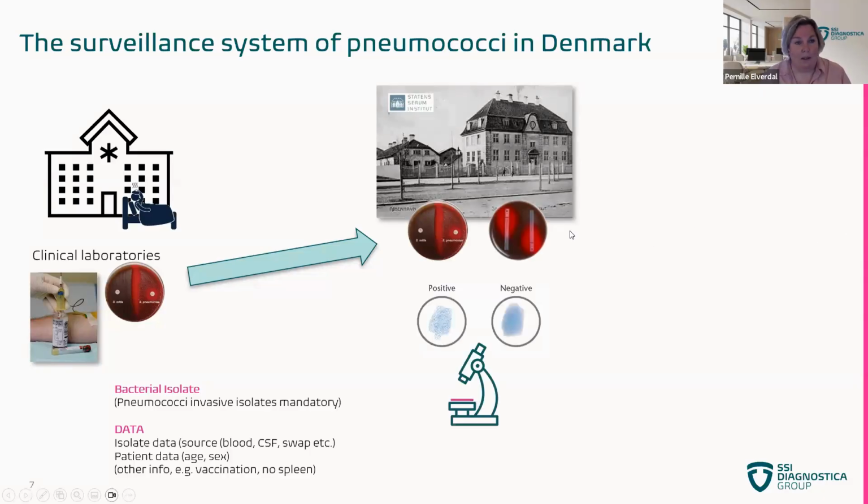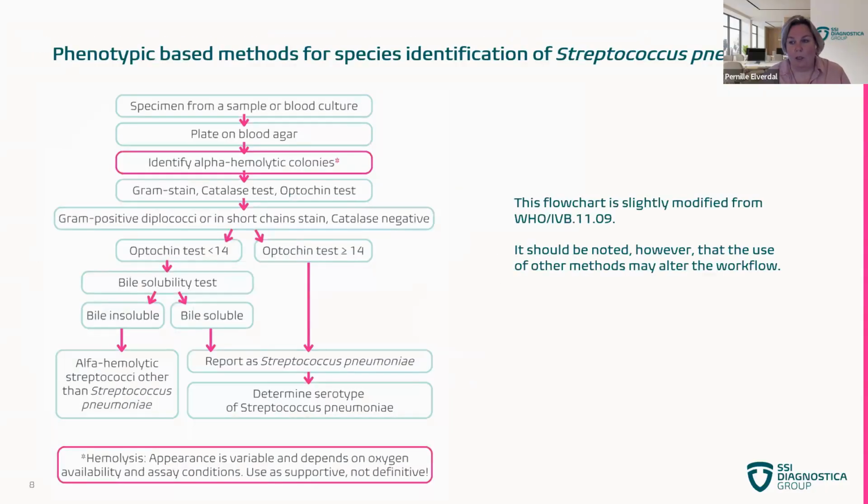In Denmark, it's Statens Serum Institute, which is the National Reference Laboratory, and they will then start looking into this isolate to confirm it's a pneumococcus. That is done by using a slightly modified version of the WHO guidance document on how you do your phenotypic method of confirming that you have a pneumococcus bacteria and which serotype it is.